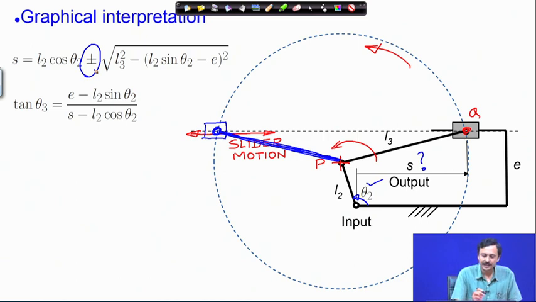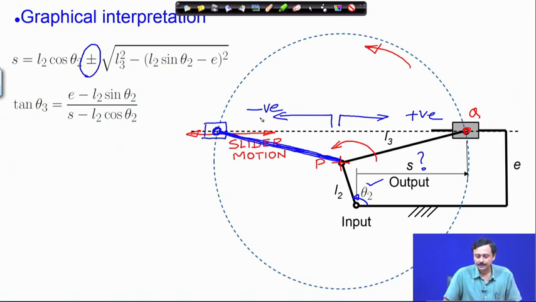Now, you can very easily identify which solution is which. L2 cos theta 2, remember, is the x coordinate of point P. If you add something to it, then it is this solution. So, with the positive sign you get the black configuration, and if you take the negative sign you will get the blue configuration.